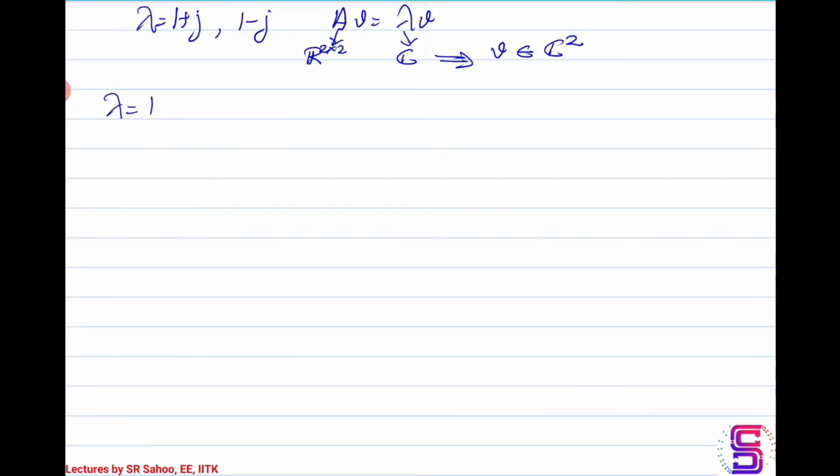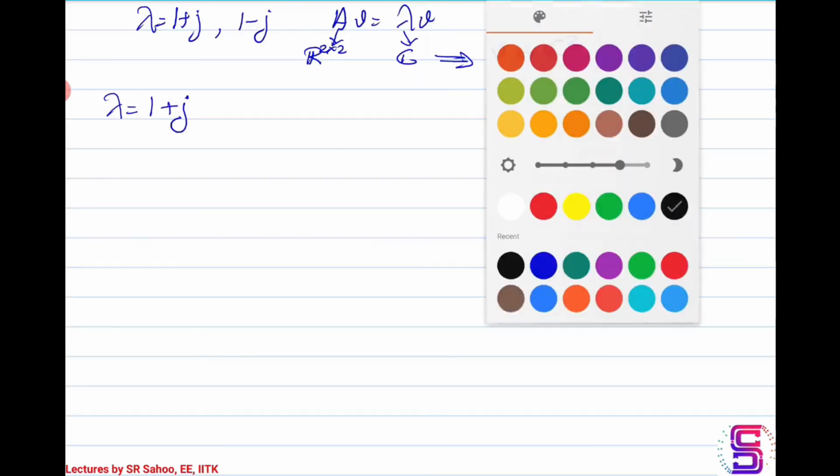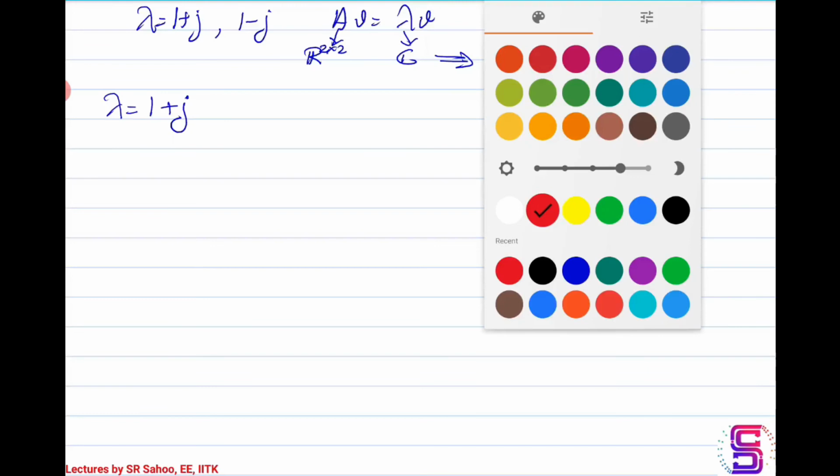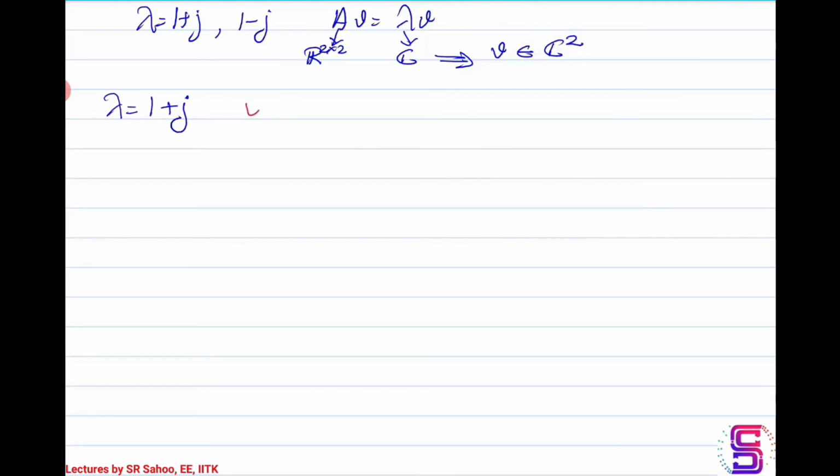So consider the case when lambda is equal to 1 plus j. V will be of the form of, let's say, u plus jw, where u and w both are vectors in R2. This is what you will have. Fine. Now, the matrix that we considered, I guess, is 1 minus 1 1 1.